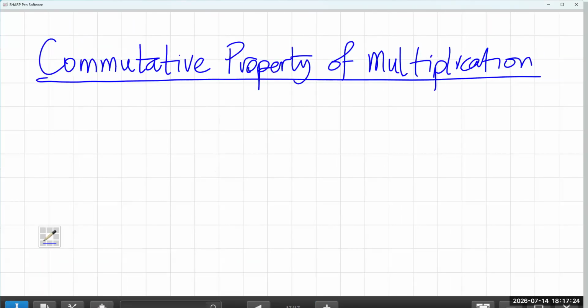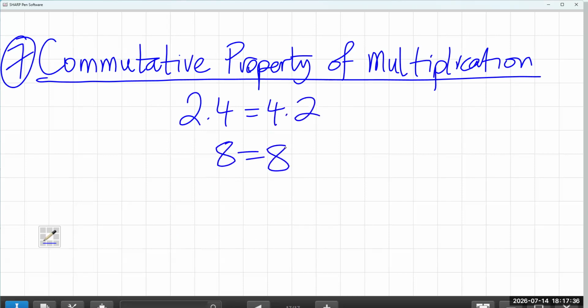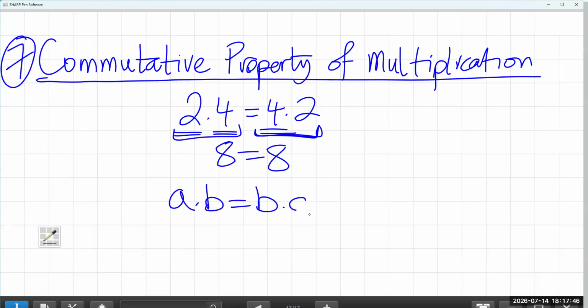Number 7. So for number 7, for the commutative property of multiplication, it just says if you multiply 2 things together, the order in which you multiply them doesn't matter. Notice that this one is 4 times 2, this one is 2 times 4. So A times B is equal to B times A. That's the commutative property of multiplication.